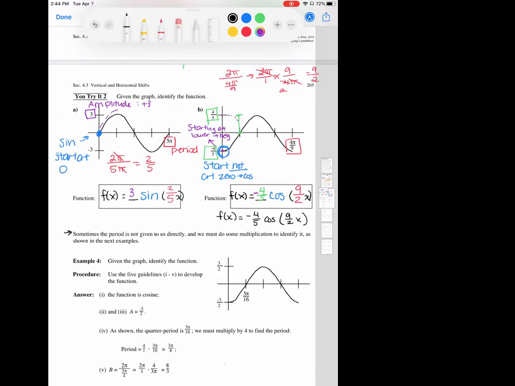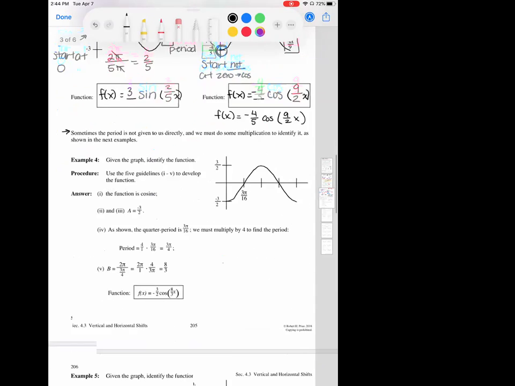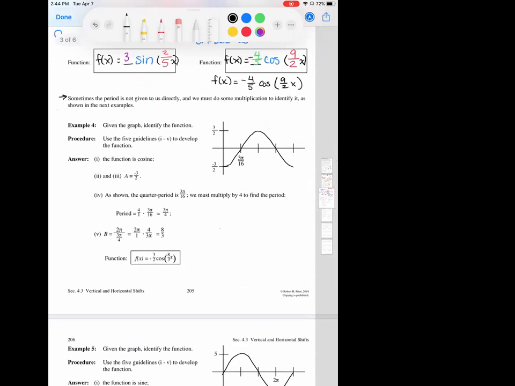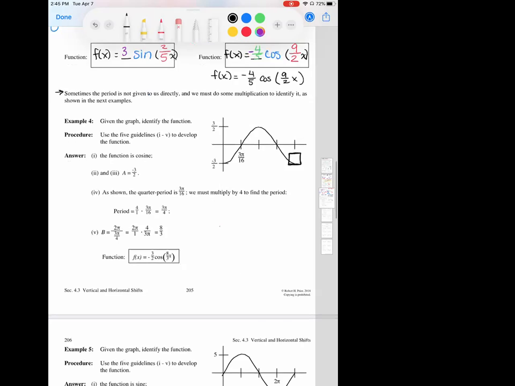For part B, we saw that one cycle ended at 4 pi over 9. Well, it might not tell us always where our cycle ends. If we don't know where our cycle ends, we have to do some work to figure it out, because we want to know this number. That's the number we want, because that will let us know our period, and therefore I just take that and divide 2 pi. Let's go ahead and see example 4 to see how to do this.